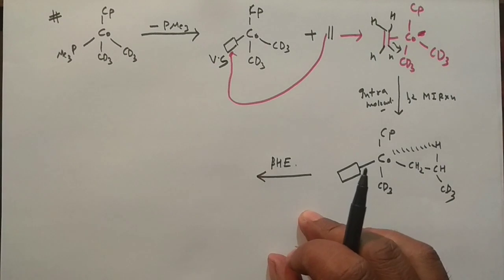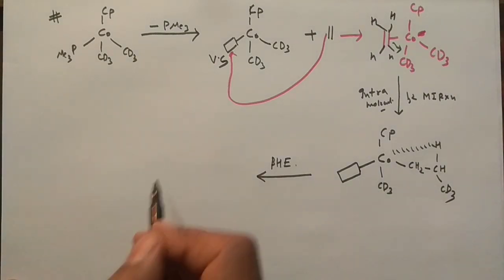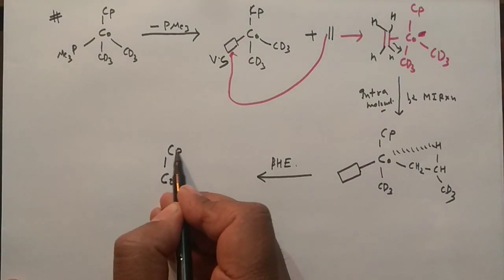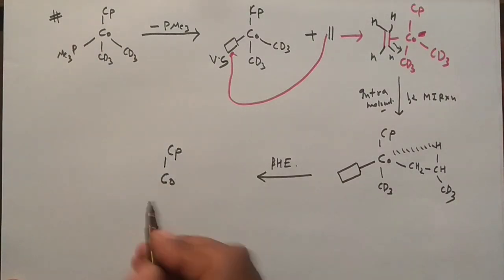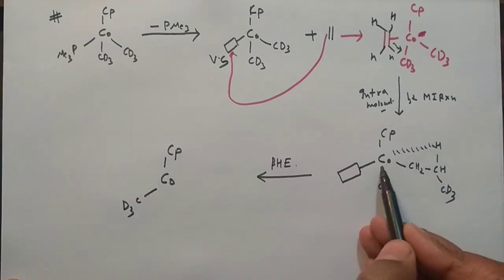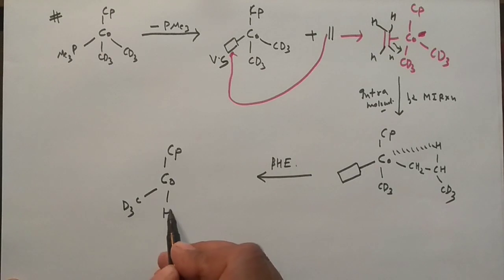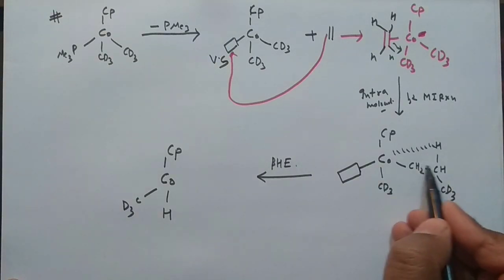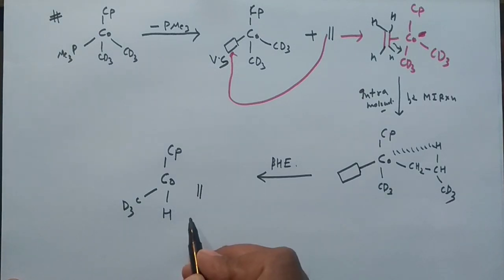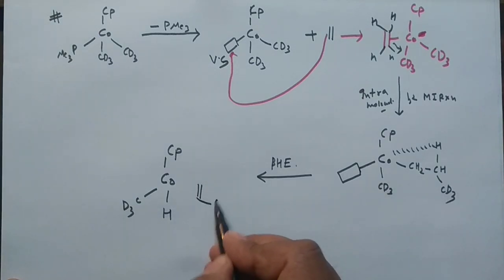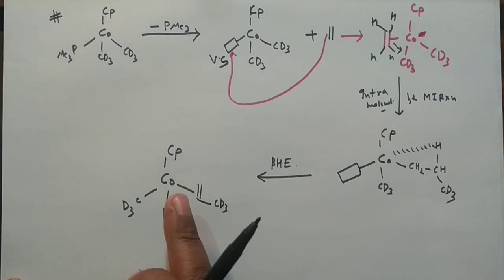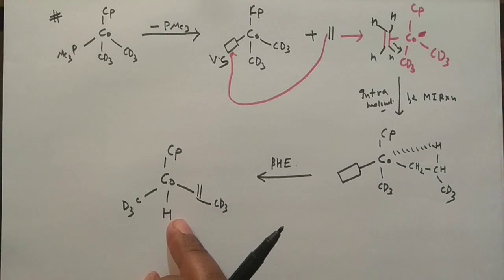Cobalt in the center, no change, Cp over there, no change, this CD3 is there, no change, and one of the hydrogens will shift over this carbon, and this will become a double bond, just like that. Okay, and this is your CD3, you can put CD3 over there, and this has to connect with this one. This is the basic concept of your beta hydride elimination reaction.